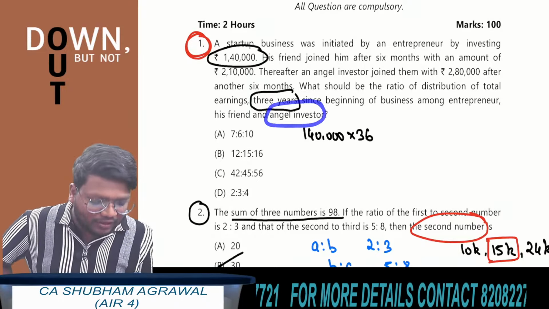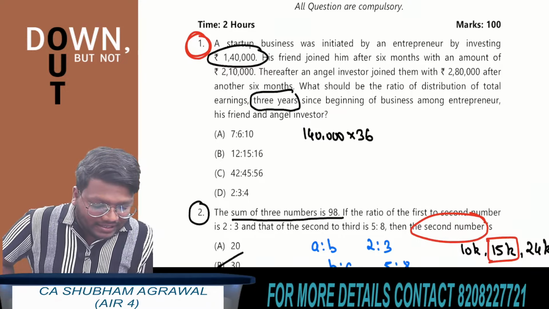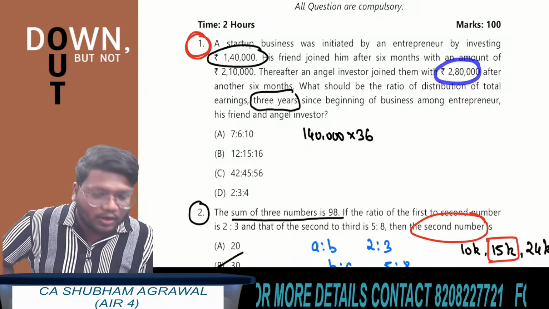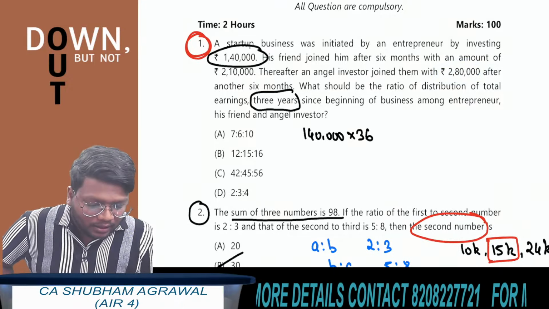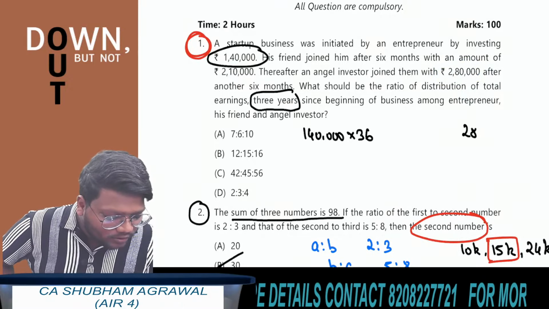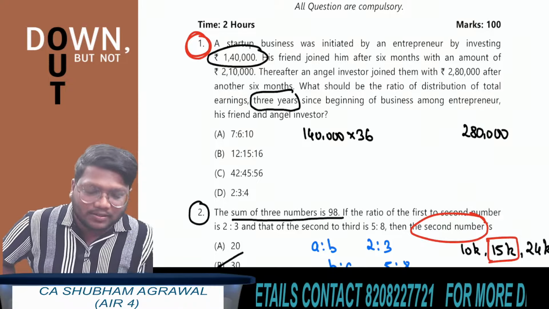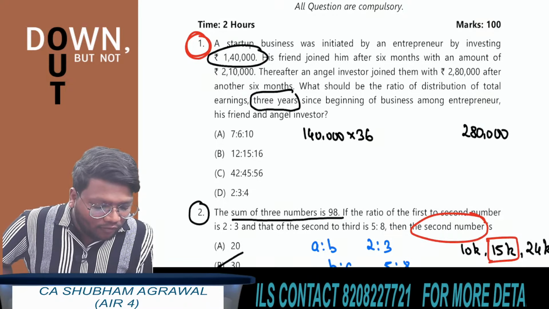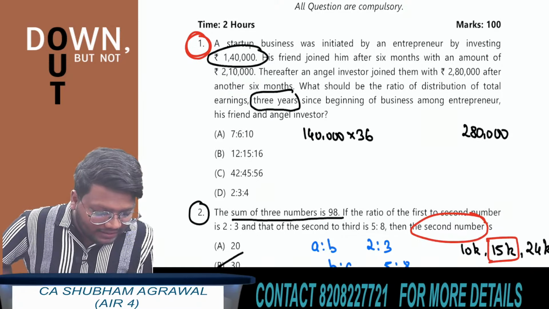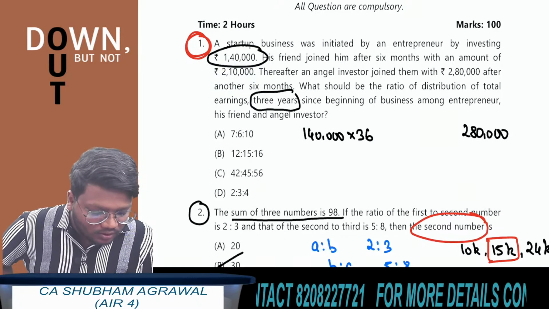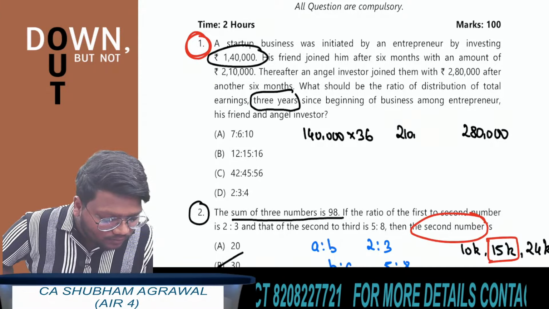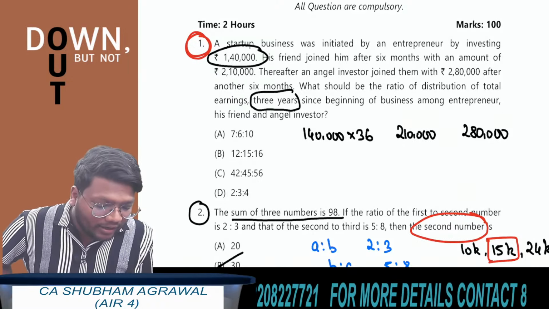Now for the angel investor, first I am writing for the angel investor. The angel investor has invested how much amount? 2,80,000 rupees. So I am writing here 2,80,000. Time period we will write afterwards. And the friend of the entrepreneur has invested how many rupees? 2,10,000 rupees. So I am writing here 2,10,000 rupees. Now read this line.